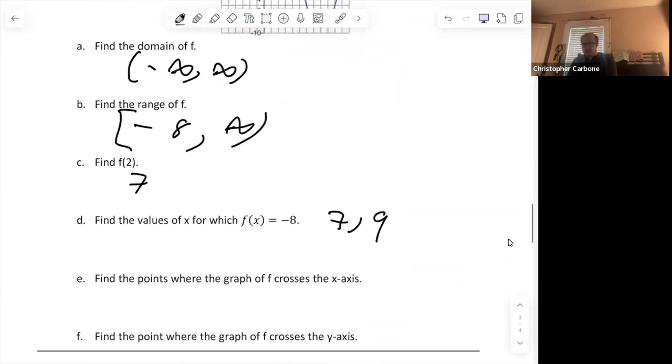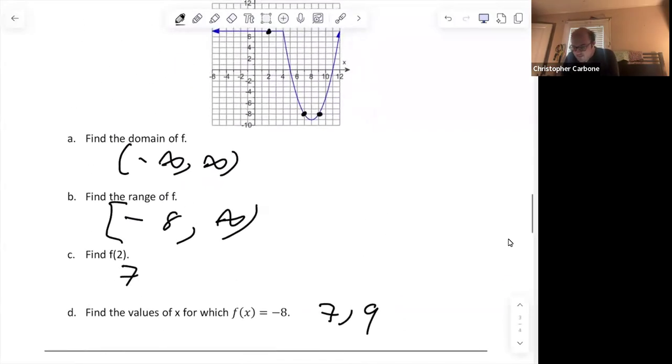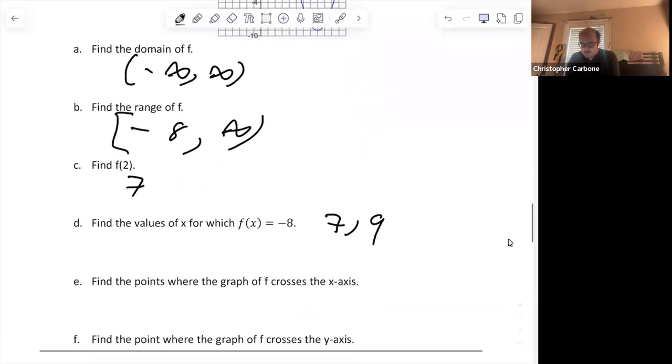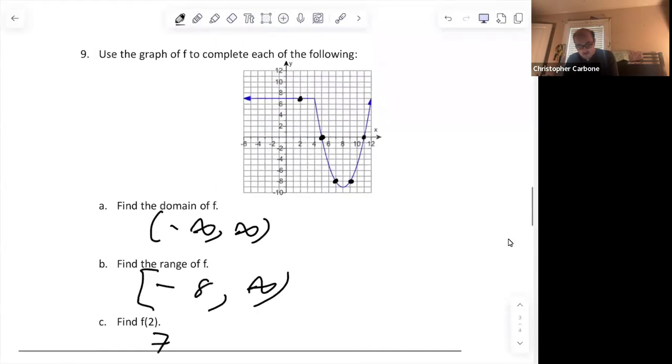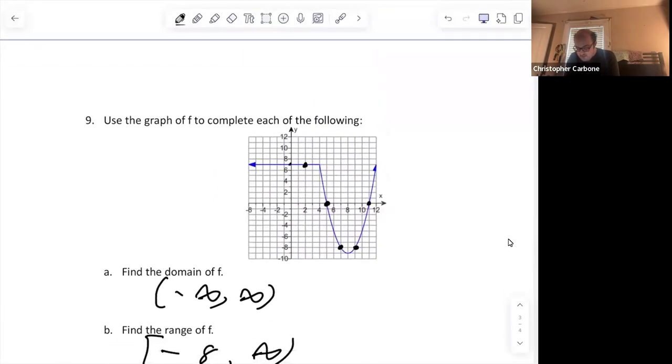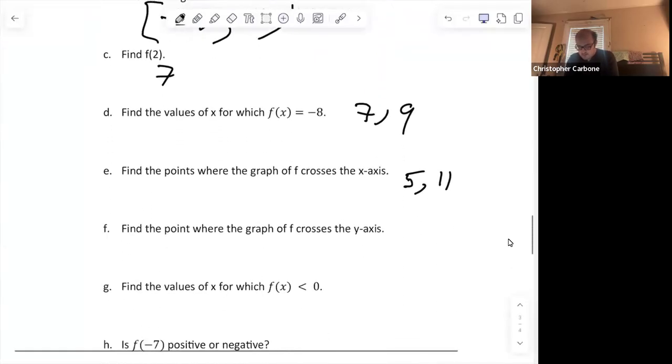We want to know where this crosses the x-axis, so that being 5 and 11. Where it crosses the y-axis, which would be over here, at the point 0, 7.